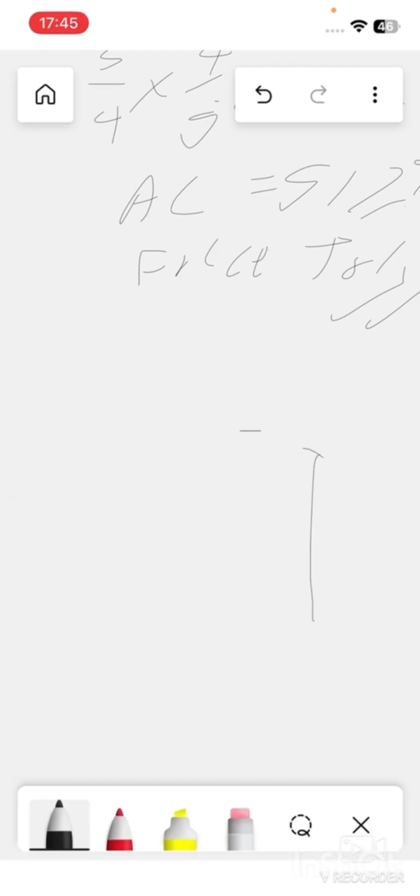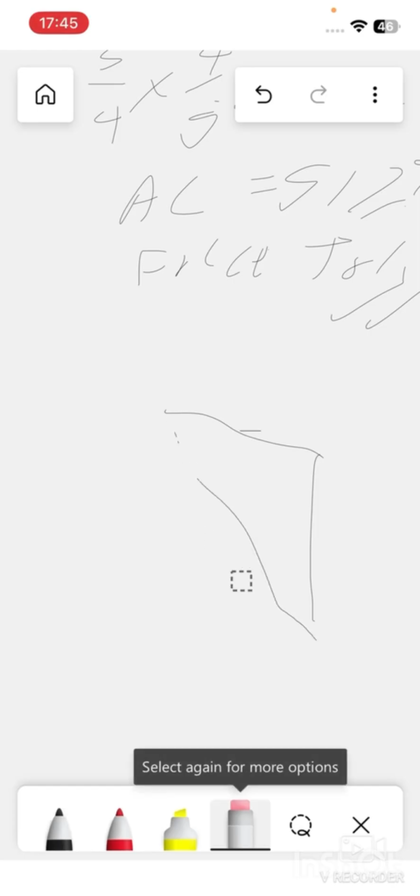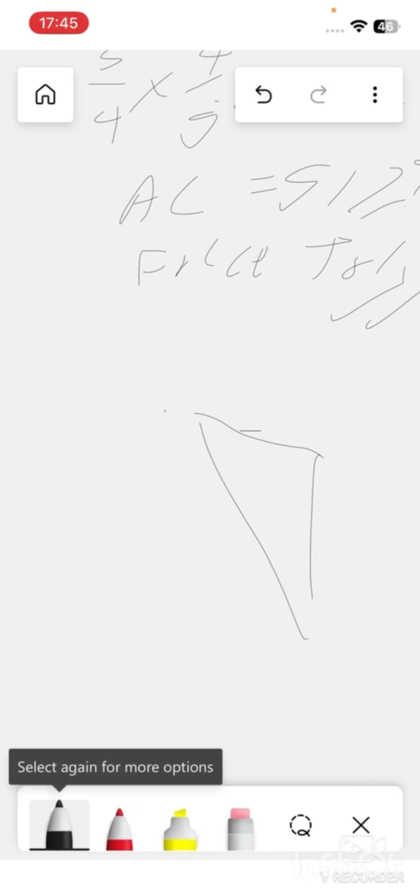Going to have this one like this and this one like this. Then we're going to have another one like this. This is going to be our angle, which is 36.87.